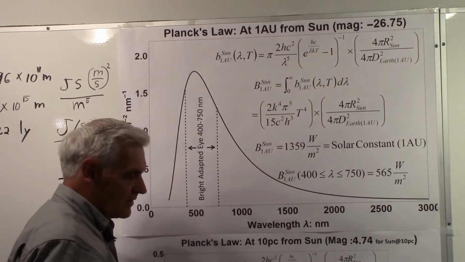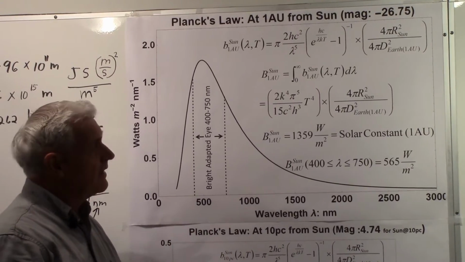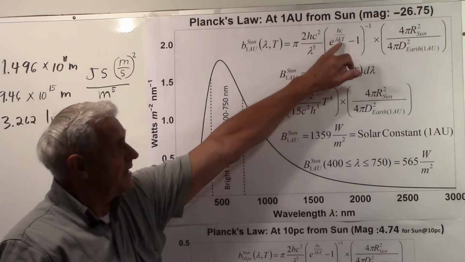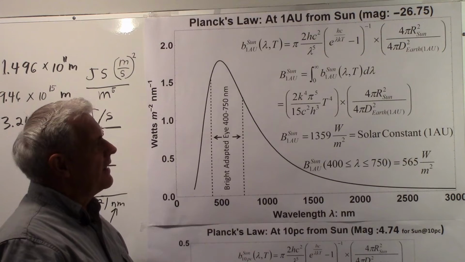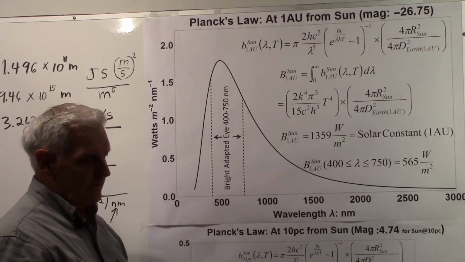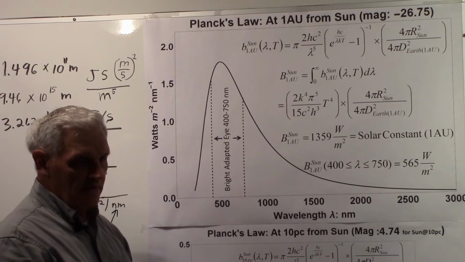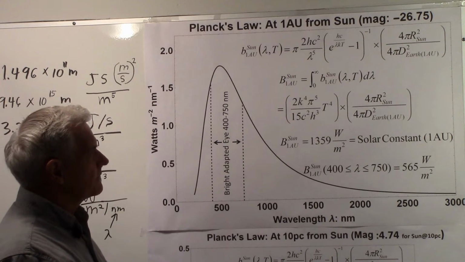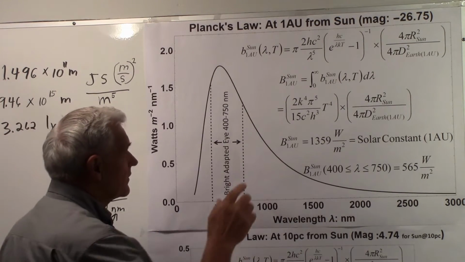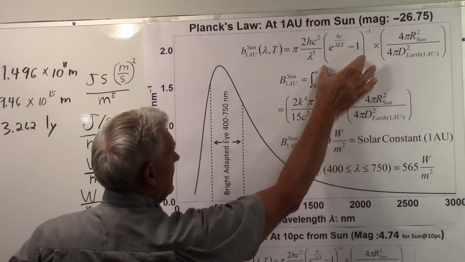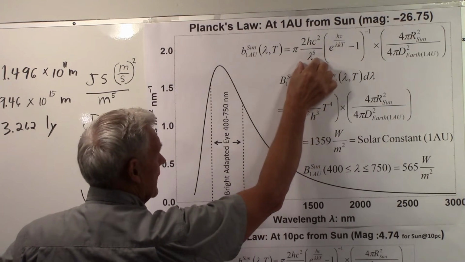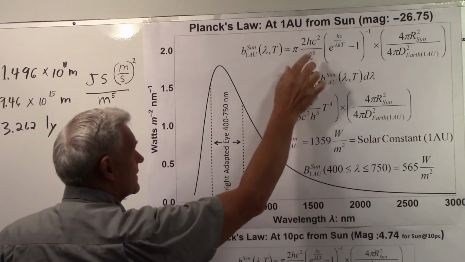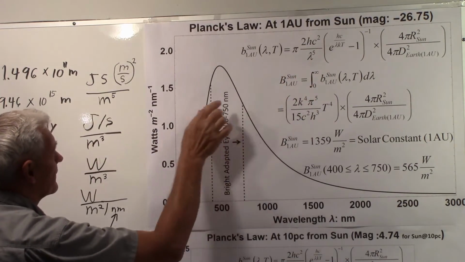And what Planck's law tells you is if you have a body at a particular temperature, how much power will it radiate from each square meter of the surface per unit wavelength? And so if we see this quantity here is unitless. This quantity has units. So let's look at the units there.